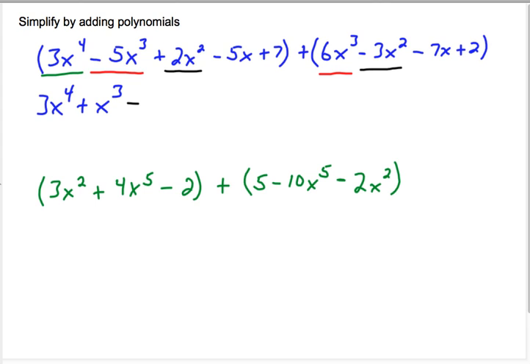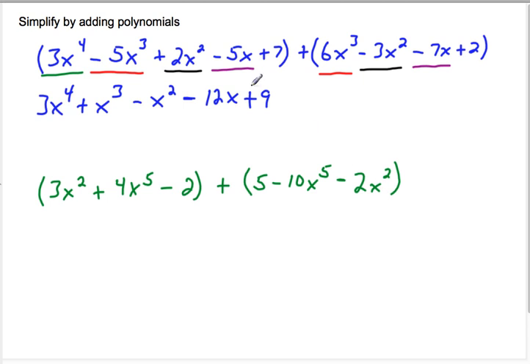Oops, I wanted that in blue. So we're minus x squared. And then we have a minus 5x, or negative 5x, and a negative 7x. Combine that and it becomes minus 12x. And finally we have a 7 and a 2, which would be plus 9. And as you practice with these, it gets pretty fast.